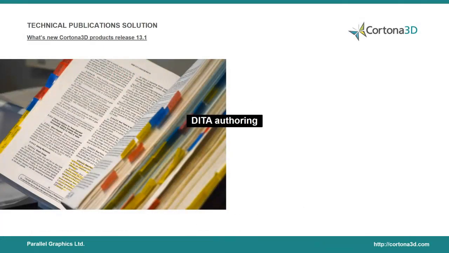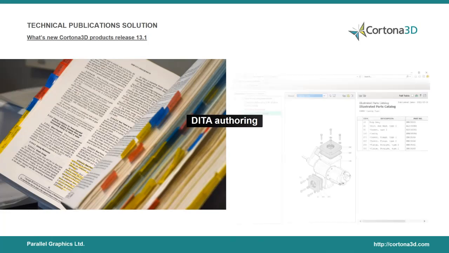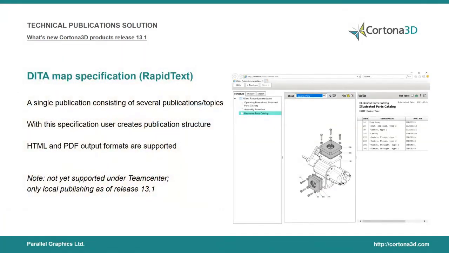Let's now proceed to the next subject, which is DITA authoring. There are a lot of DITA authoring changes in this release. First, in Rapid Text, you will find a new specification called DITA map. With it, you don't actually create any content.